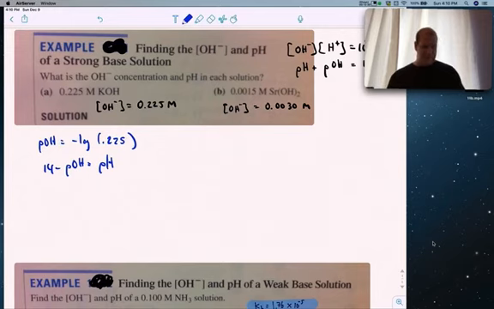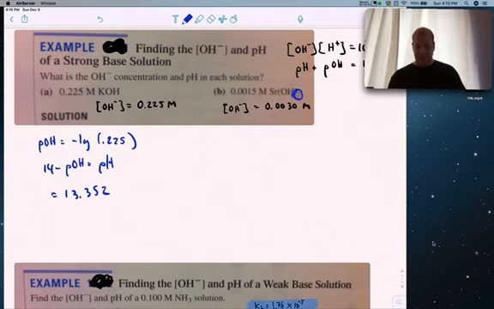Let me do this real fast. So minus log 0.225 and 14 minus answer. And this is 13, how many sig figs? 3. So this is 13.352.